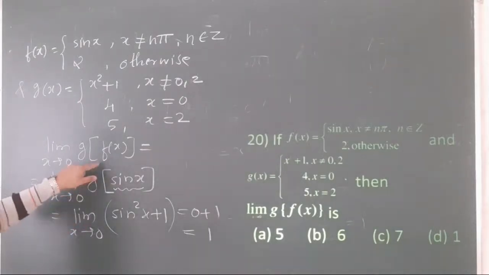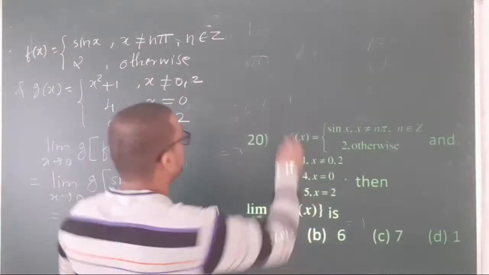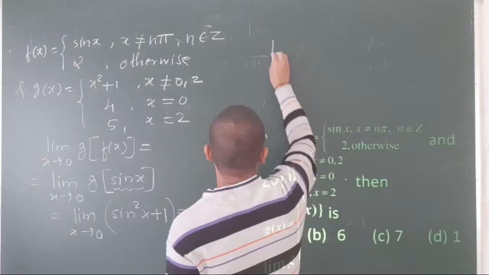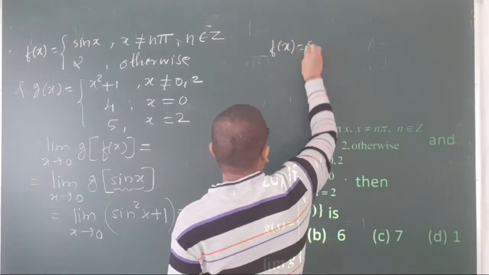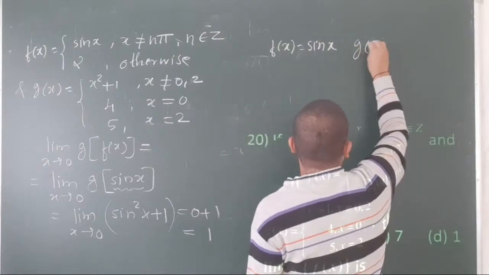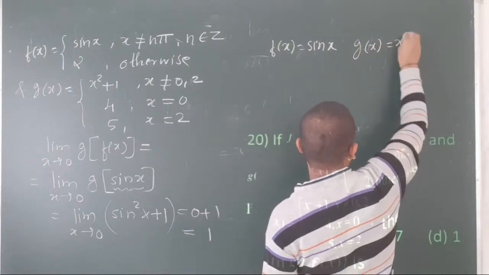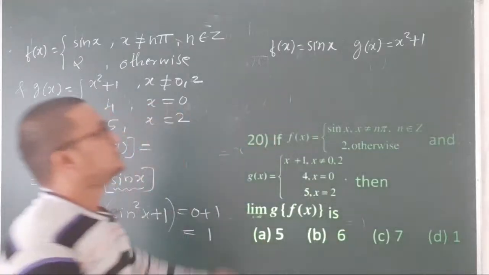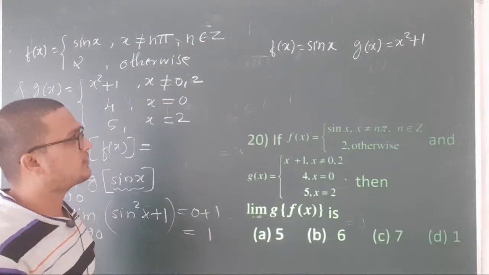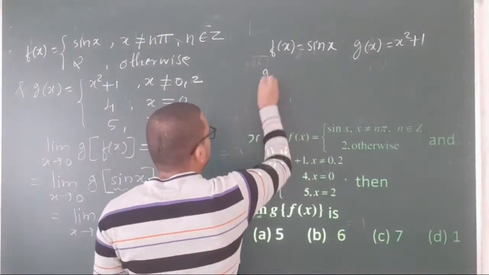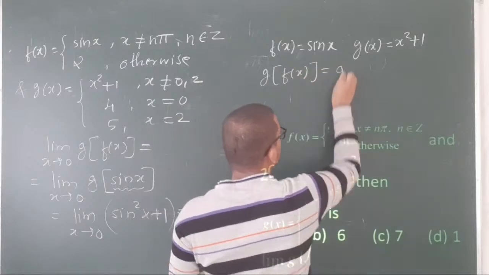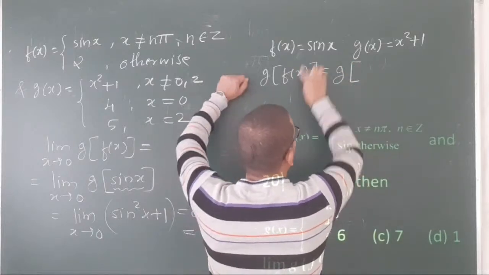So this concept you may not have understood. I'll just write it separately because I don't know whether this composition of functions was done for you in the previous year, because the syllabus was reduced. Let me take it like this and show you. So this is your f of x as sin x. g of x is what? x square plus 1. So when you are taking g of f of x, which is equal to g, as it is. What is f of x here?